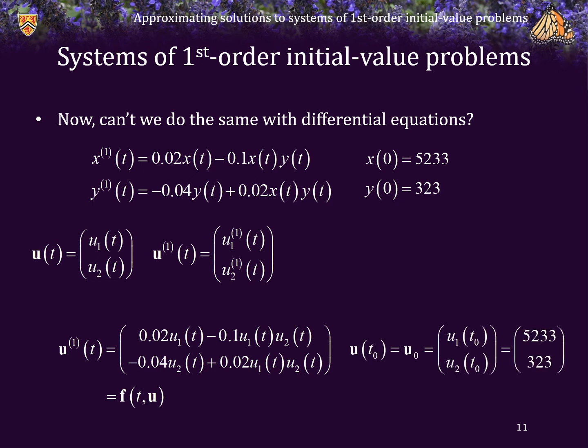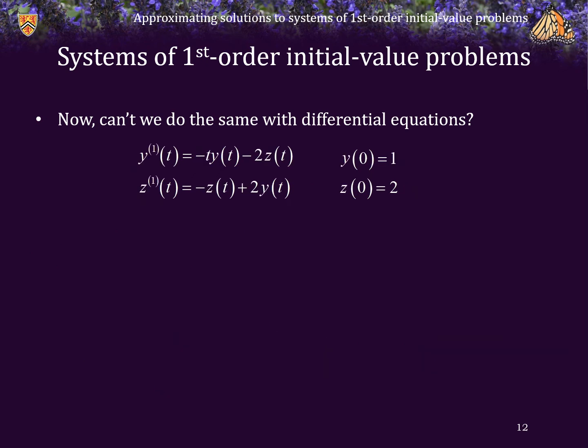So the rate of change depends on the time and the current position. On top of that, at time t equals t naught, in this case equaling 0, we have the initial position, and that initial position is a two-dimensional vector. Here's another differential equation we were looking at.